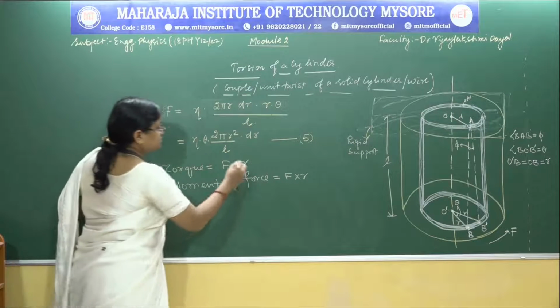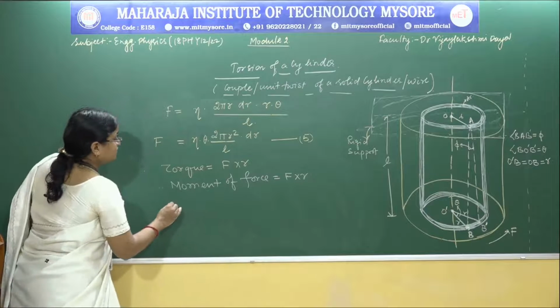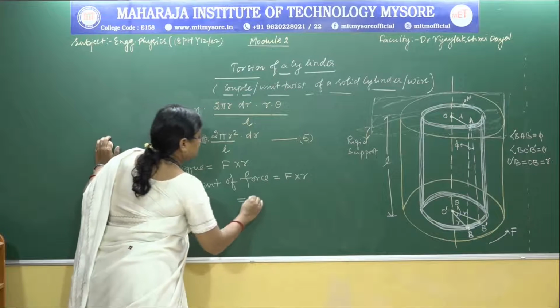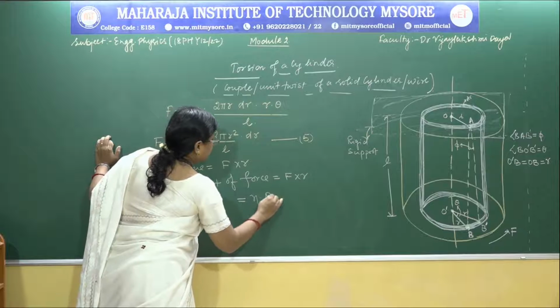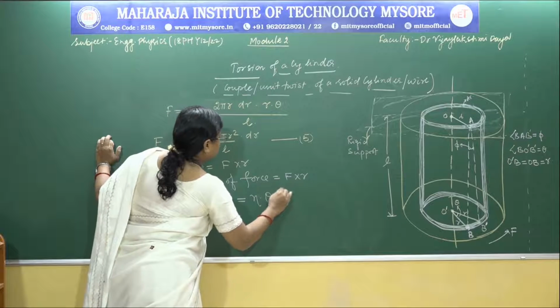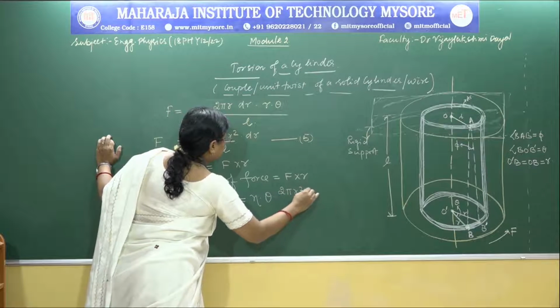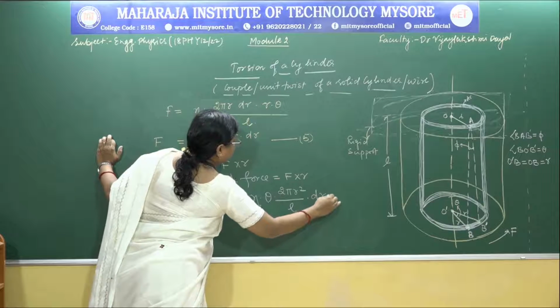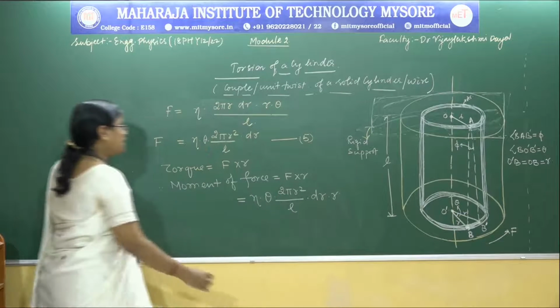We will substitute the value of F. So what we get, the moment of force is equal to eta into theta 2 pi r square divided by L into dr into r.